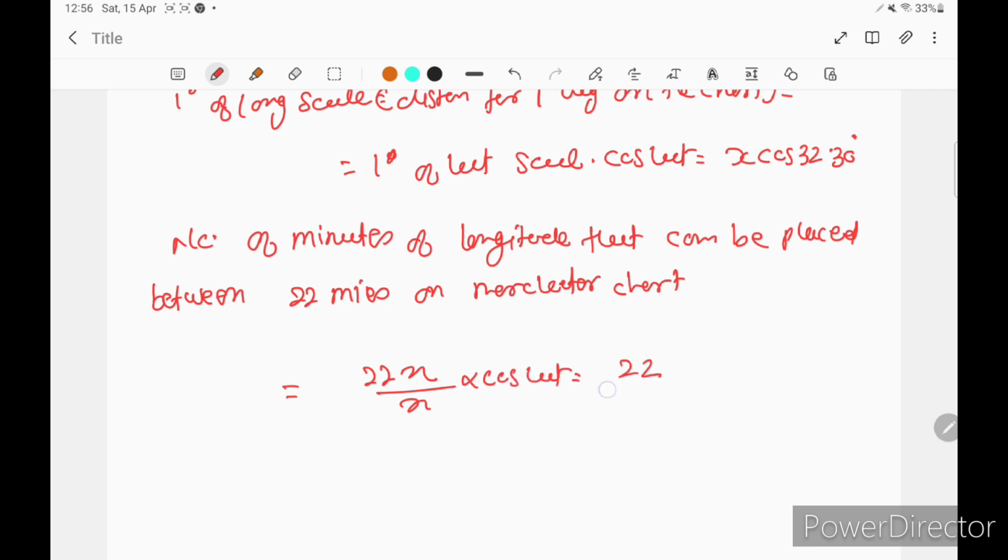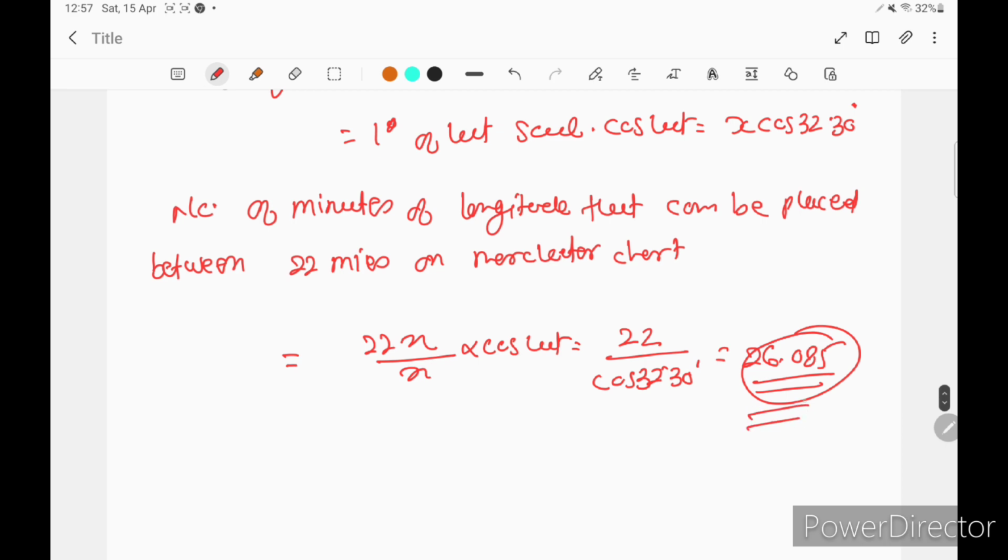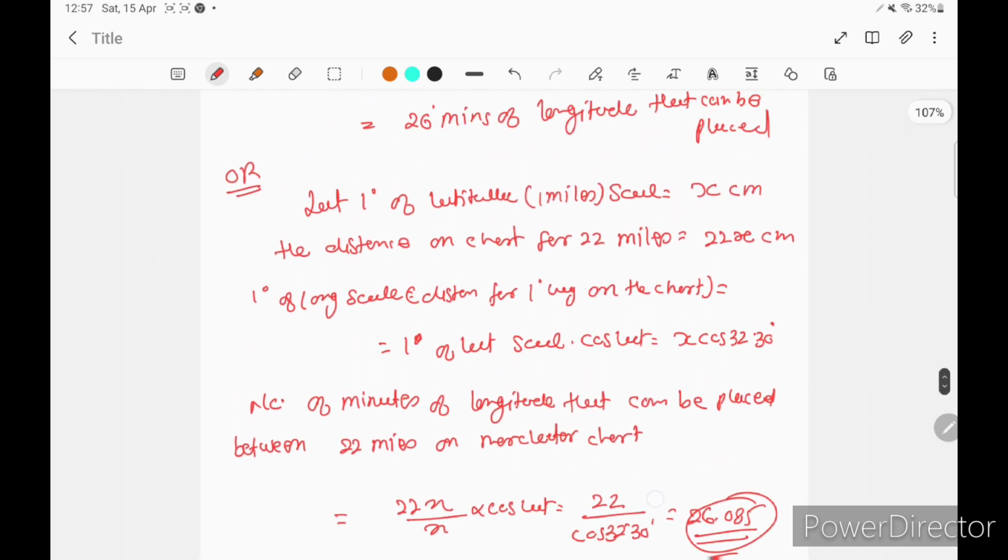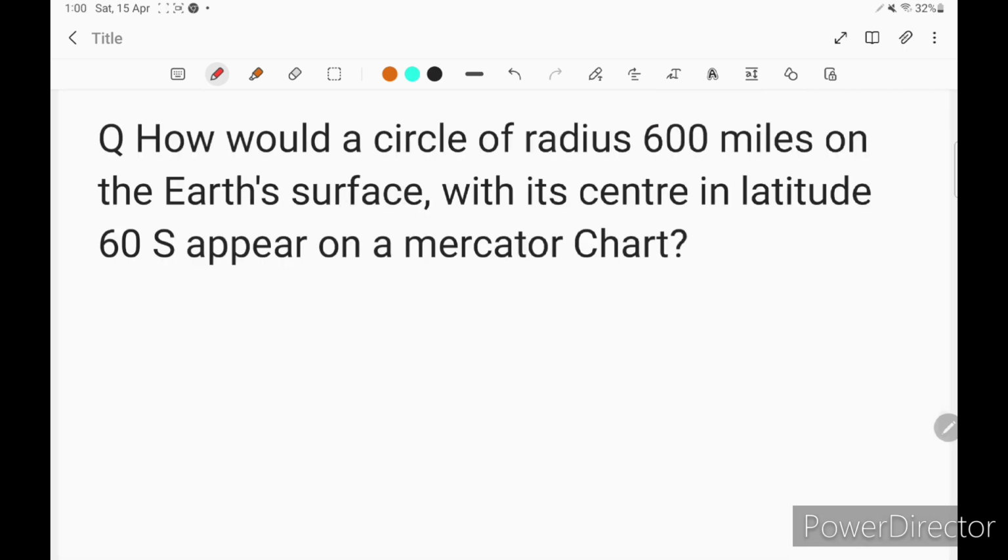So it is equal to 22 into cos 32.30, which is 26.085. It's close to the above answer. From there we get 26 and 26, hardly any difference. So these two methods solve this type of numerical. So I hope you understand. We'll move to the next question.